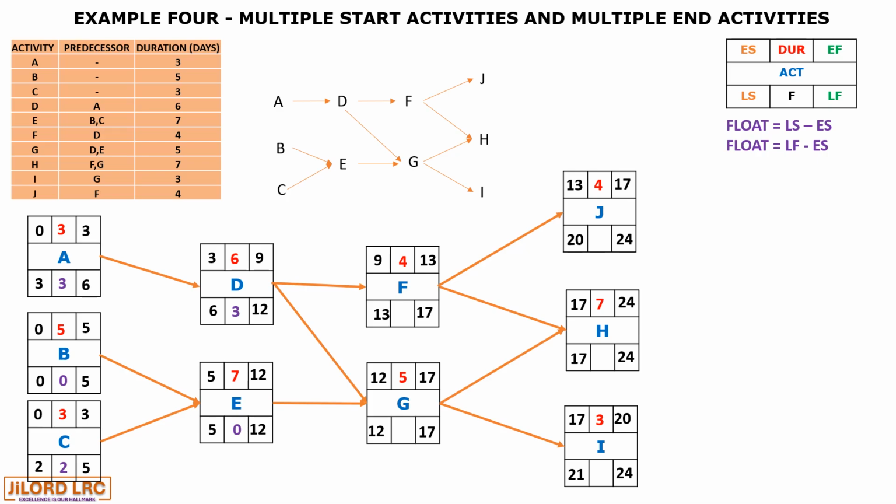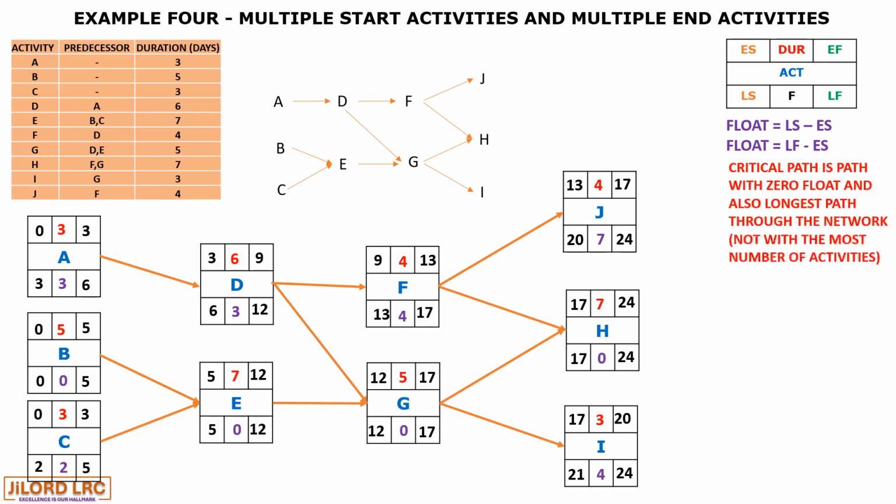For A, it will be 6, for B and C will be 5 and 5. So 5 for activity C minus 3 is 2, 5 for activity B minus 5 is 0, and 6 for activity A minus 3 is 3. So we have finished with the backward pass.